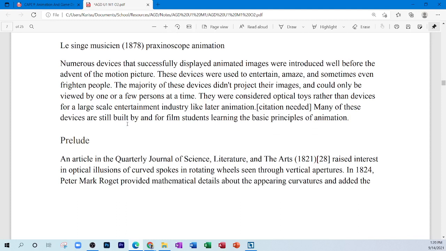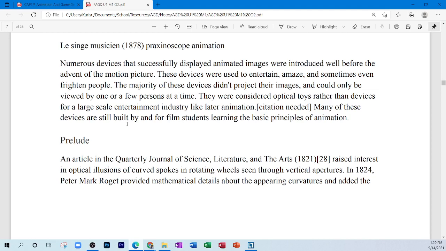Alright, Ariel, you can start the reading for us. Numerous devices that successfully displayed animated images were introduced well before the advent of the motion picture. These devices were used to entertain, amaze, and sometimes even frighten people.